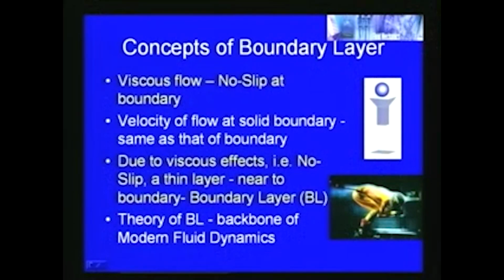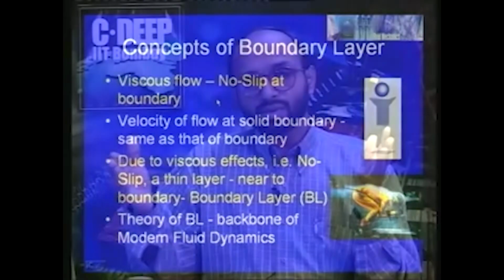As we have already seen in many cases, wherever viscous flow is there, there is a no slip condition at the boundary. The flowing fluid has a velocity, and the velocity of flow at the solid boundary should be the same as that of the boundary.